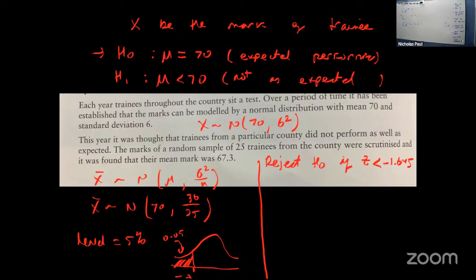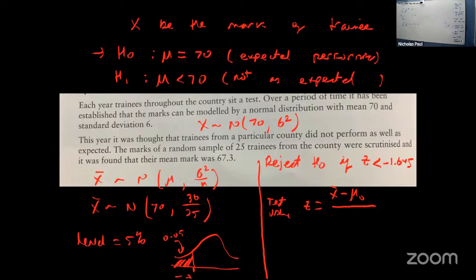Right, next we want to get our test value. This is the value we're going to test it at. Our test value, if you remember your formula, will be X bar minus mu naught, where mu naught is the H naught value and X bar is the value from the sample, all over sigma on root n.